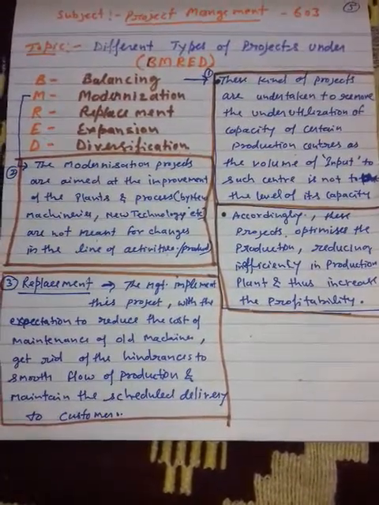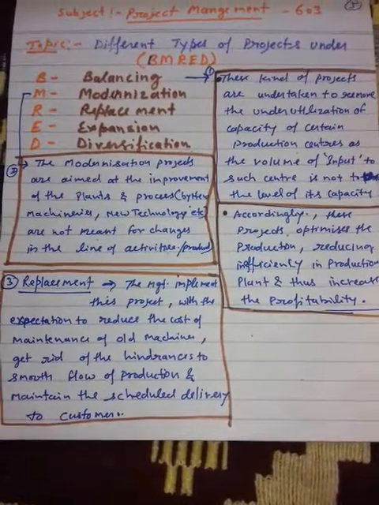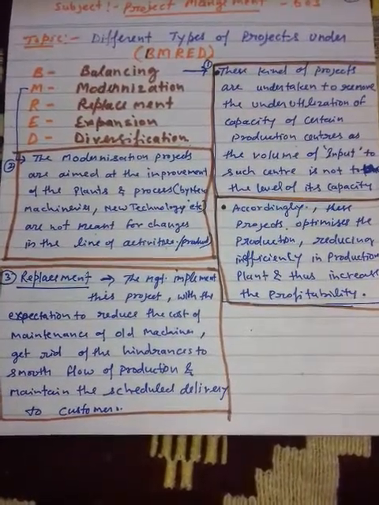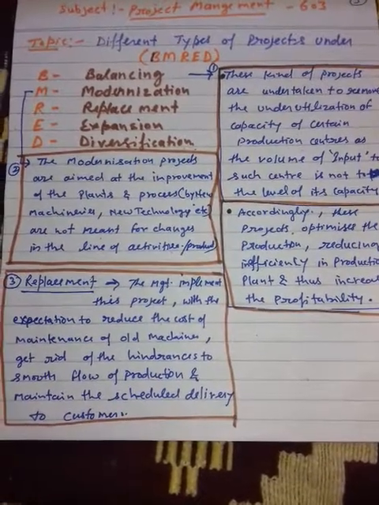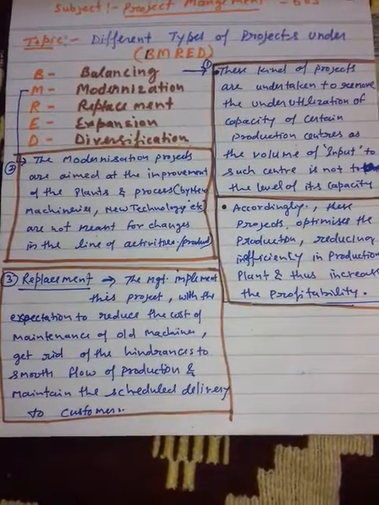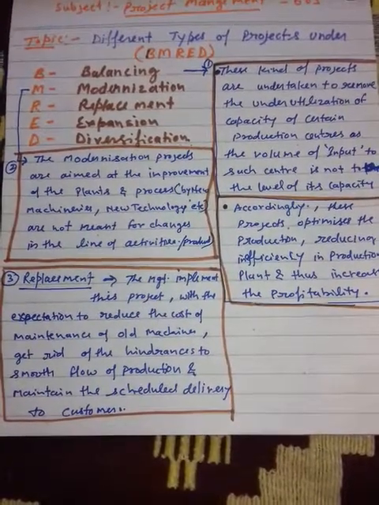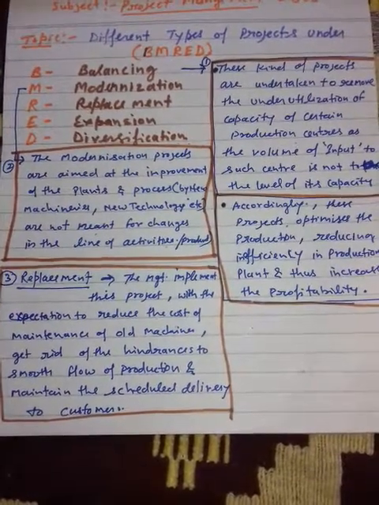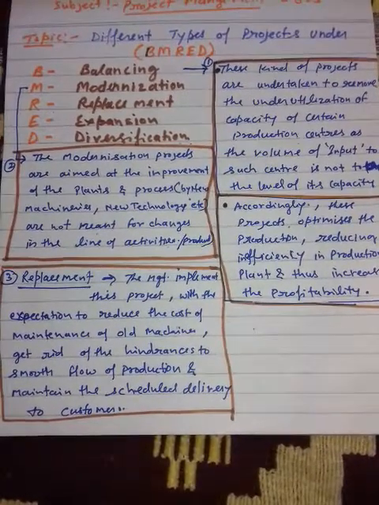Suppose the supply of some component is irregular in nature and not up to the level of its plant capacity. At that time, it is economic to increase the volume of procurement from different sources.